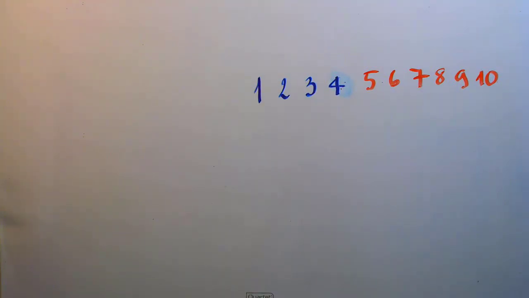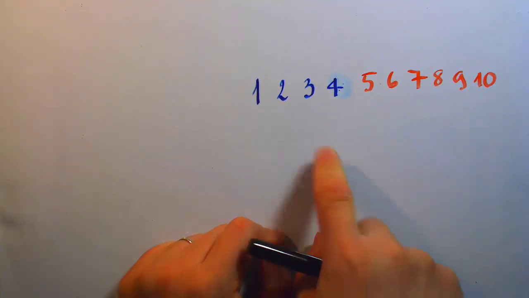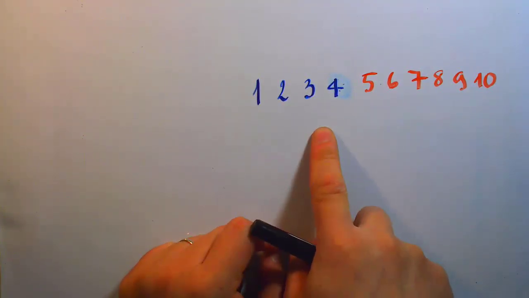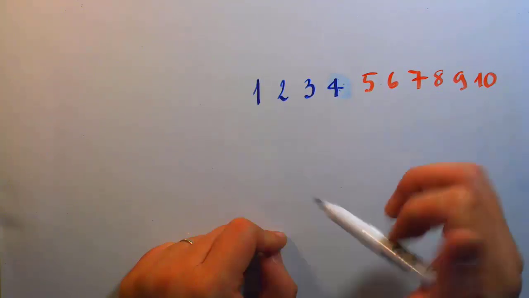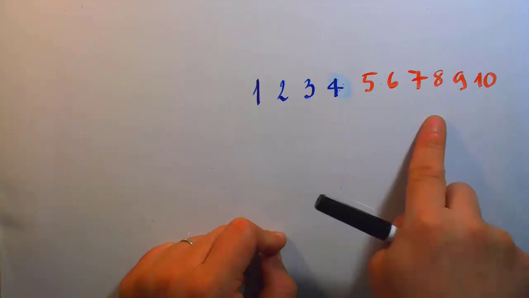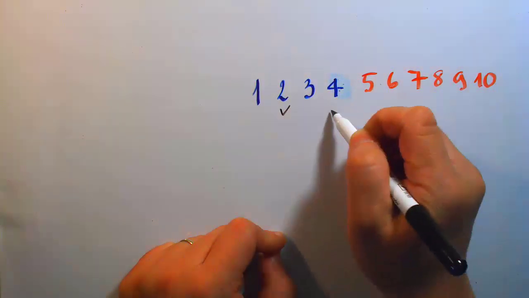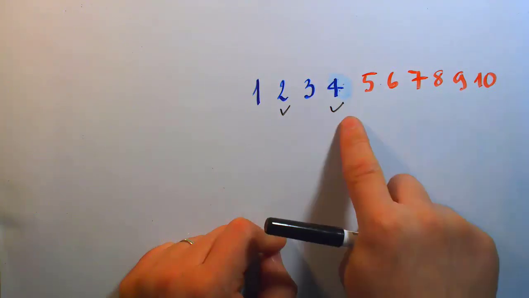Now, answering our question: looking for the probability of being blue and even. The only counts that meet both requirements at the same time are these two, being blue and being even.